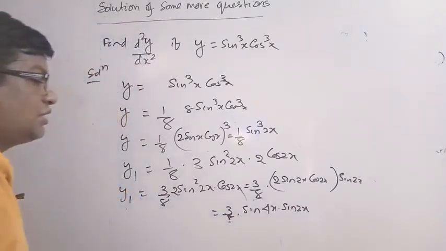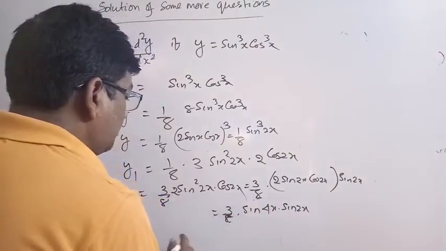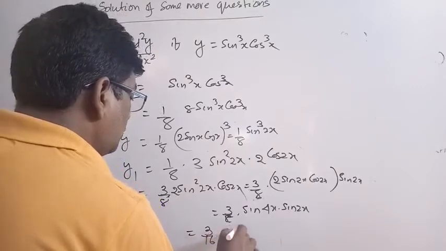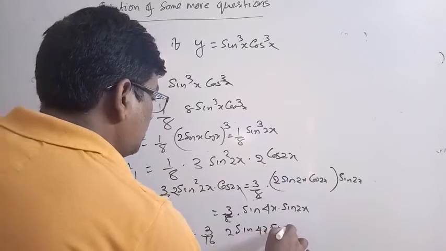2 sin A into sin B means what? This is 3 by 16 into 2 sin 4x into sin 2x. What is here?